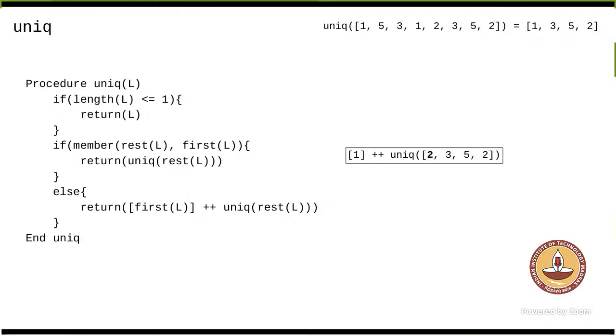In the next step, 3 plus unique of 5, 2. Correct. But we are keeping 1. Why are we keeping 1 here? That's from the previous recursive call, right? See this. Because it is recursive.